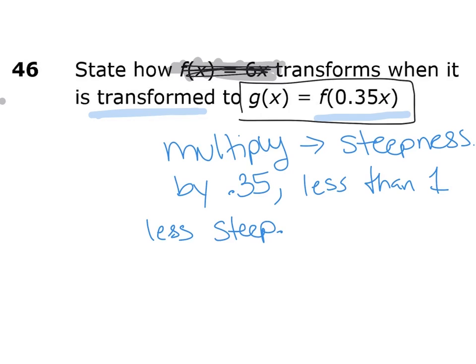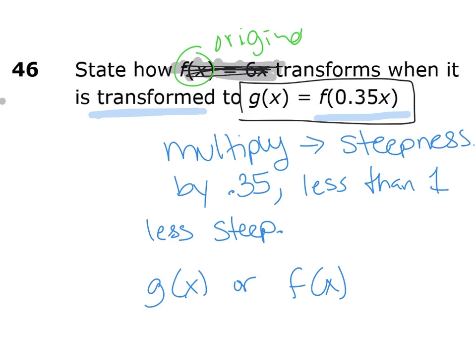Now on your test, you might have which one is steeper, g of x or f of x. So this is when you go back and say, okay, f of x is the original, and g of x is our new. Between the original and the new, the one that is steeper is g of x.